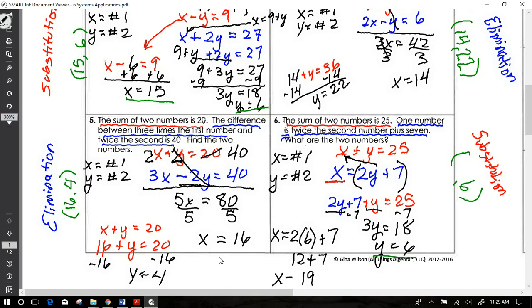So my x variable equals 19. So that's going to go in the front of my ordered pair. And just a reminder, what does my solution represent? It represents, if I were to graph these, the one particular location on the coordinate plane where these two lines cross over each other.